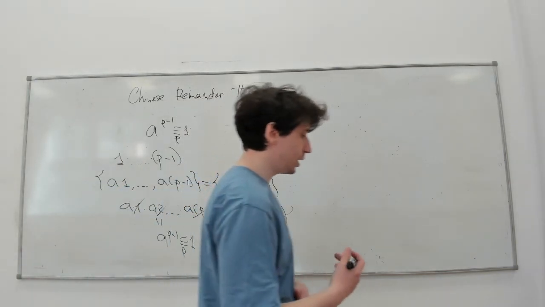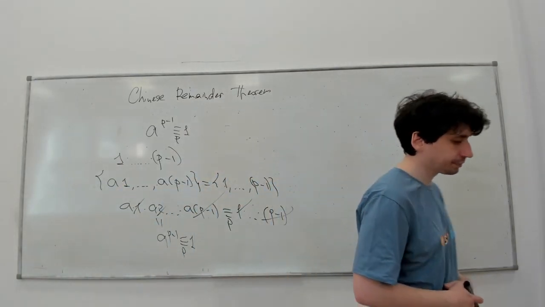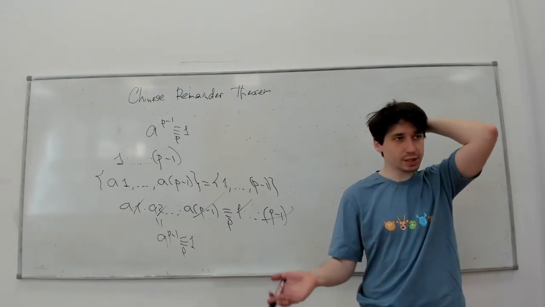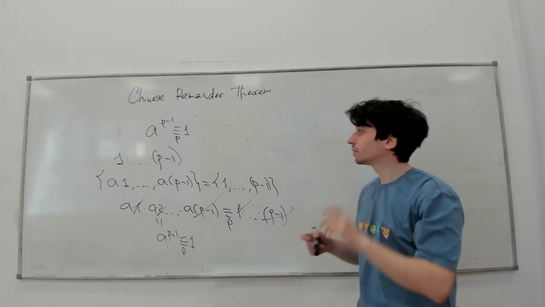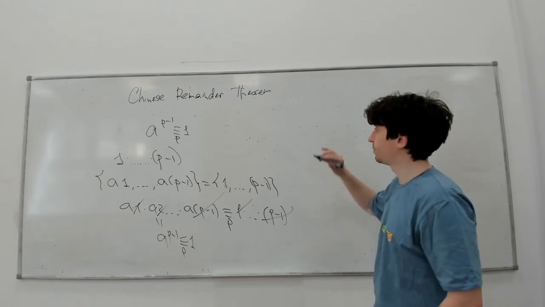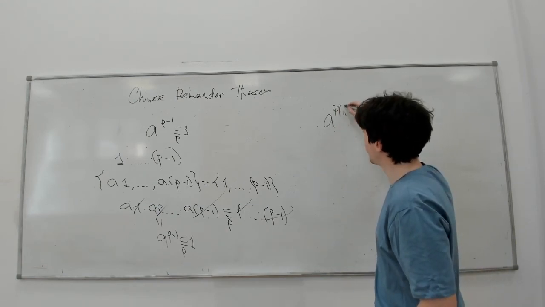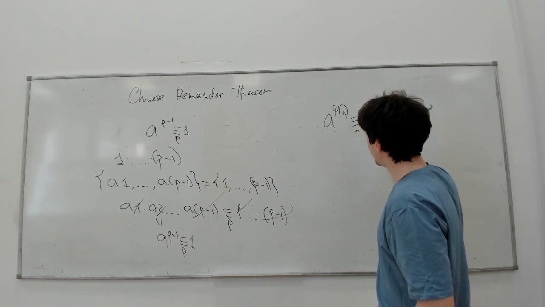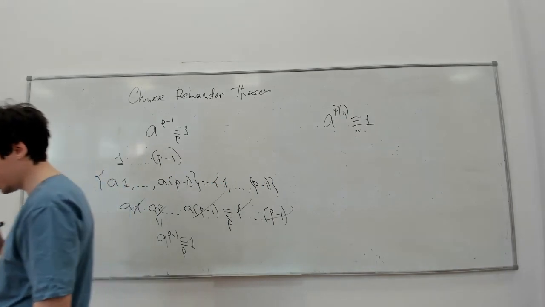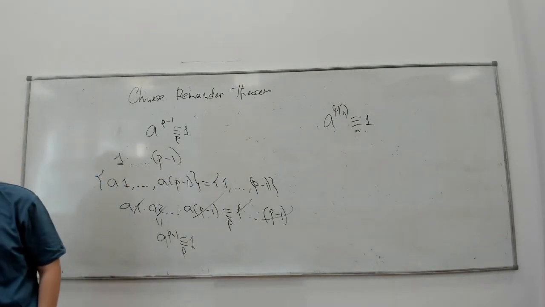Okay, this works with prime numbers. But what if we have not a prime number, but some different number? It appears that there is an updated version of the little Fermat theorem: a to the power phi of n modulo n is equal to 1.